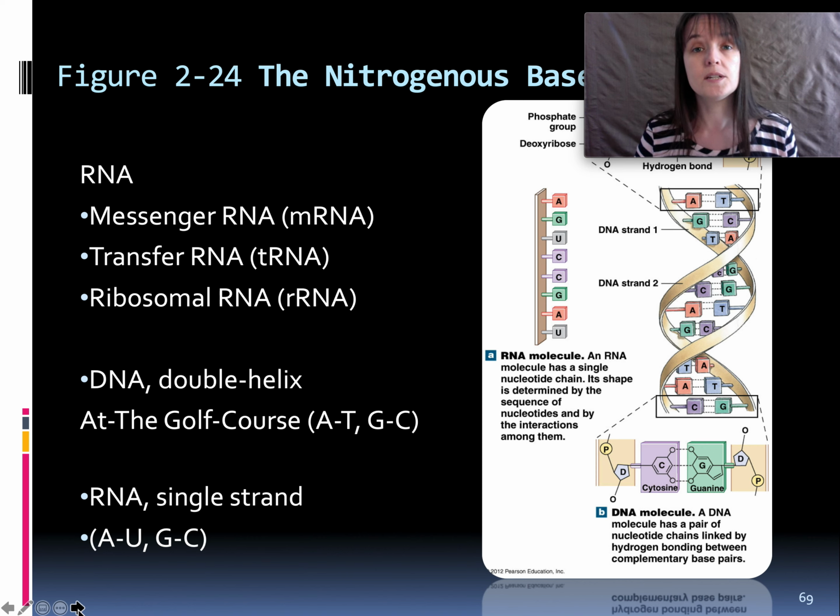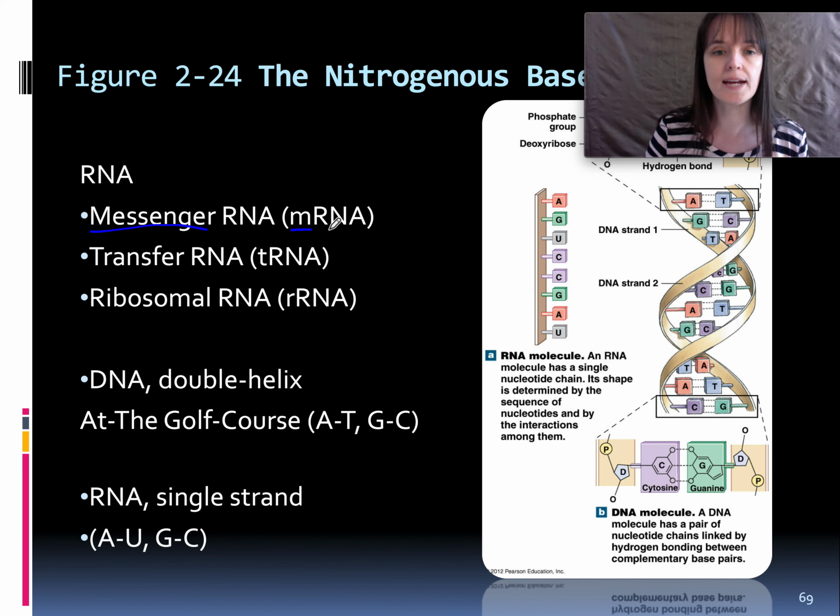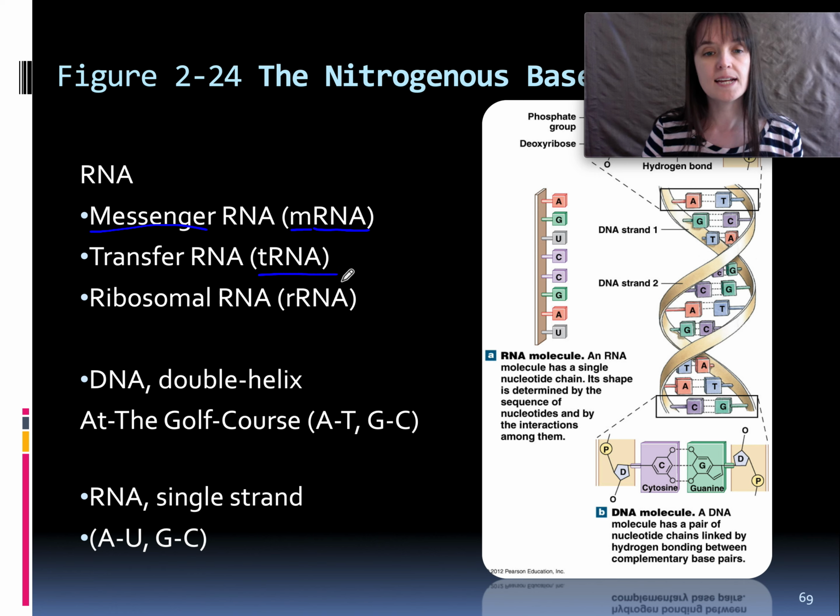As we mentioned earlier, there are 3 types of RNA, and it's time to learn them. These are abbreviated with the first letter of the word that describes them in lowercase, and then RNA in all caps. So mRNA is lowercase m, capital R, capital N, capital A, and this is messenger RNA. tRNA, T for transfer RNA.